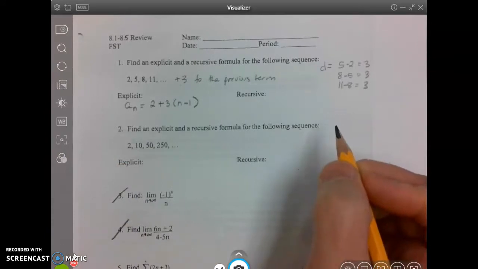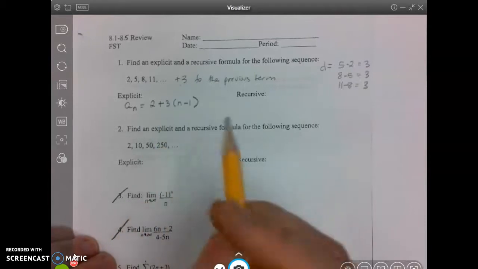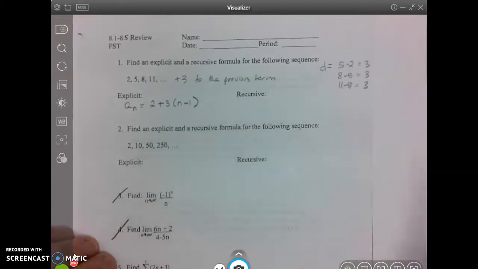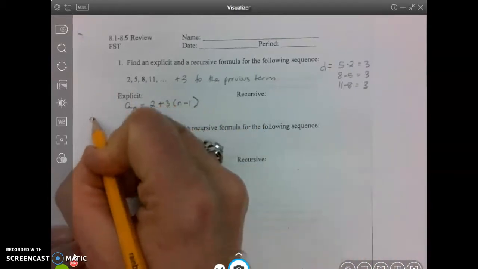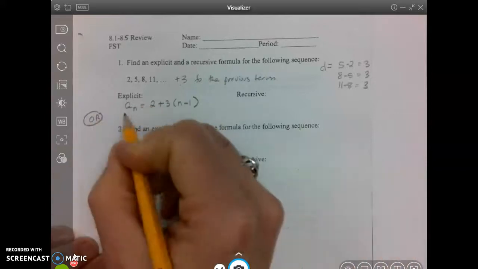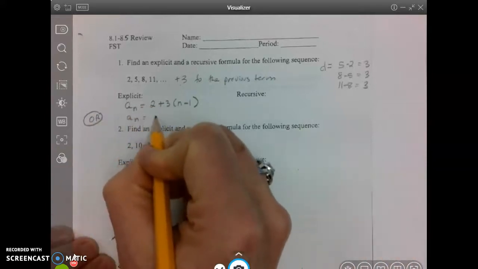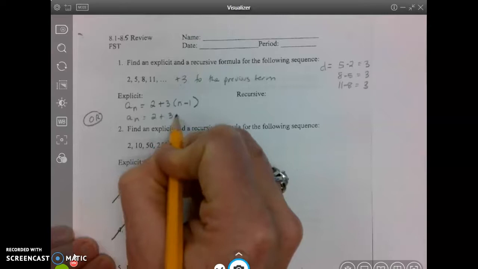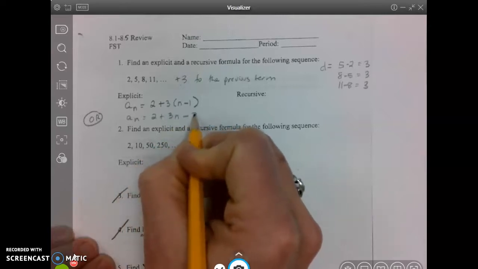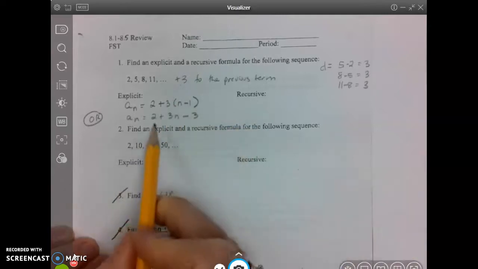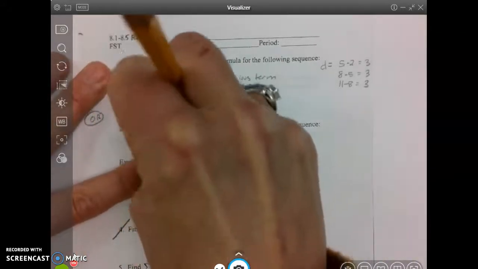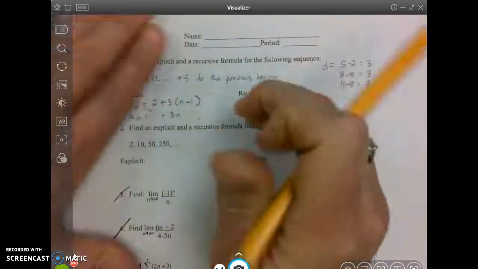Another way to write this explicitly would be to distribute the 3 and simplify. So another way that we could write the explicit formula would be 2 plus 3n minus 3. I distributed that 3, and then when I combine the 2 and the negative 3, I actually just get negative 1.